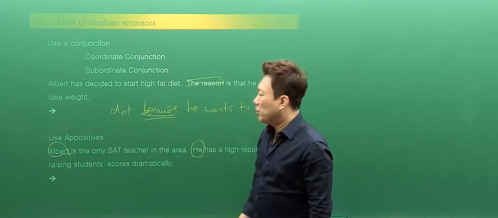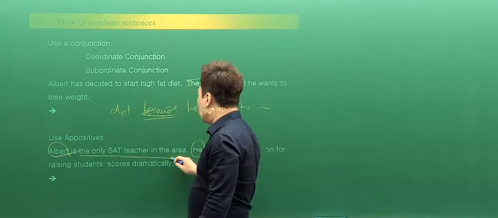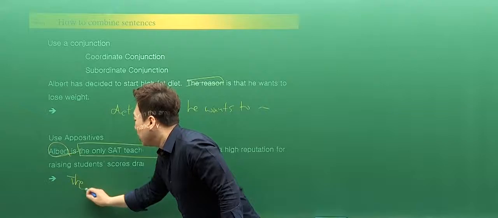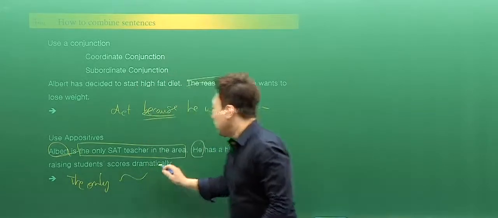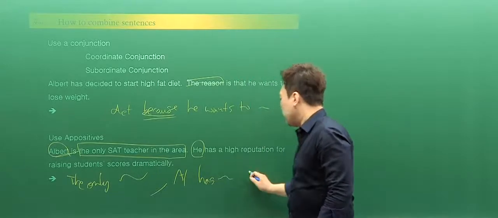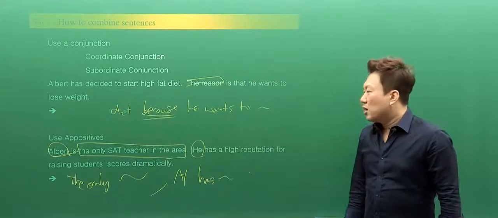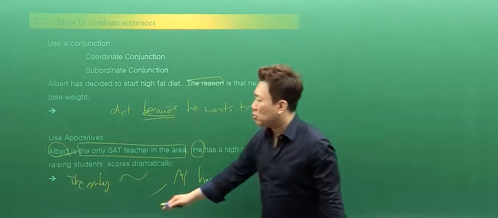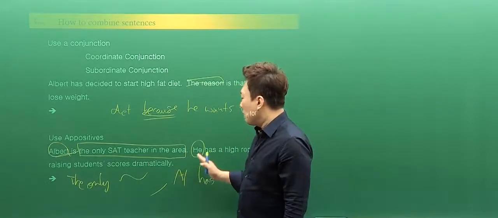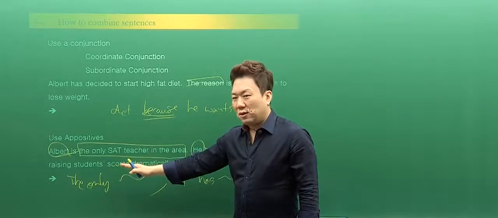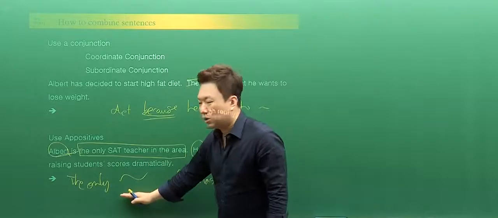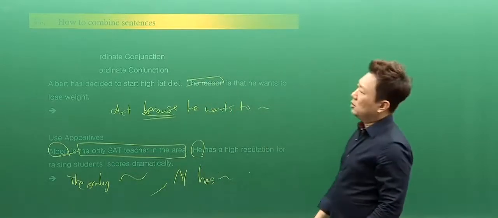So just simply get rid of this Albert and use this noun phrase as an appositive: the only SAT teacher in the area, Albert, has a high reputation. So simply we combine those two sentences by using what? The appositive. Normally when the noun phrase is located before the sentence, we use the appositive form, okay?